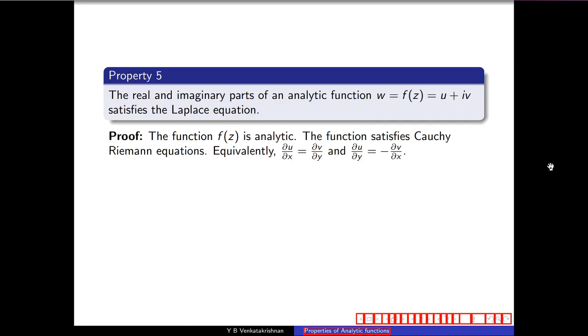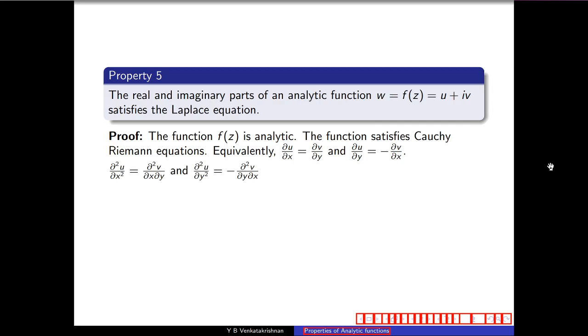This will represent a heat equation with certain conditions. This again we will be discussing in the application part. Because f of z is analytic, it satisfies the CR equations which are given here.